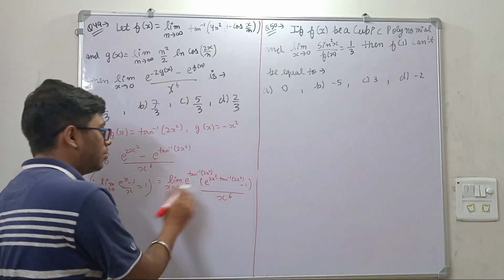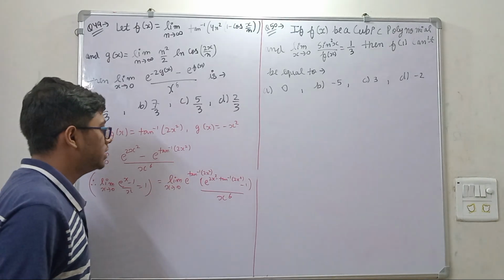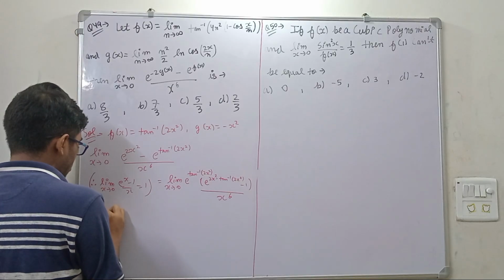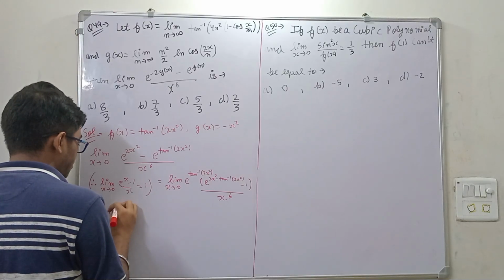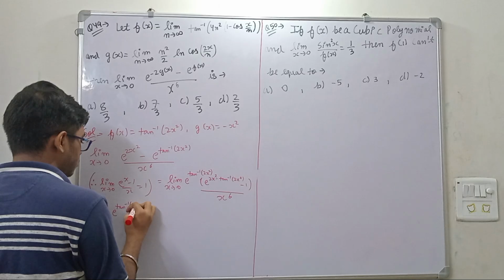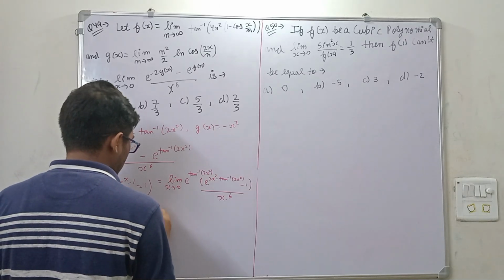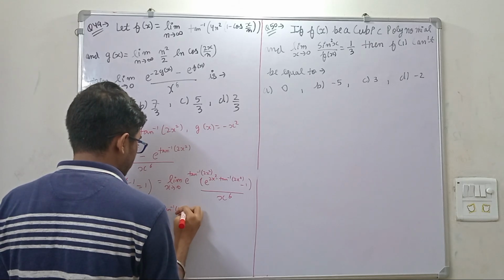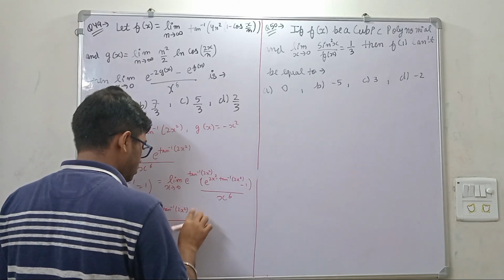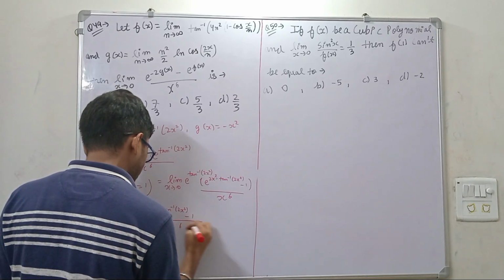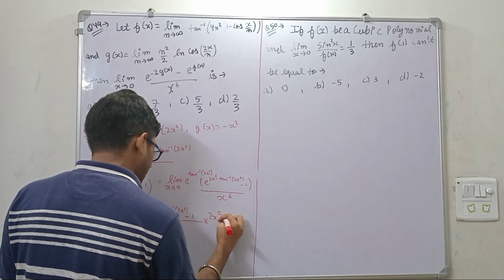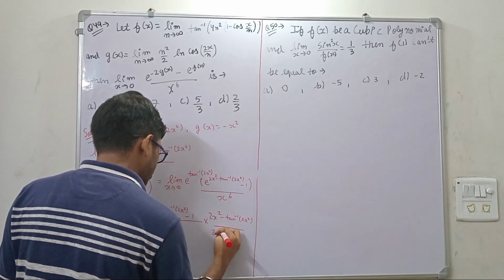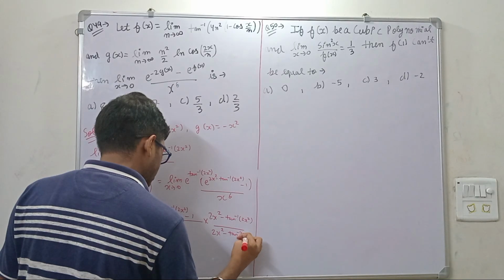So now you have to apply this property, multiplying and dividing by 2x square minus tan inverse 2x square. So this will be looking like this. Limit x tends to 0 e to the power tan inverse 2x square, and multiplying and dividing, (e to the power (2x square minus tan inverse 2x square) minus 1) upon x to the power 6 into (2x square minus tan inverse 2x square) upon (2x square minus tan inverse 2x square).